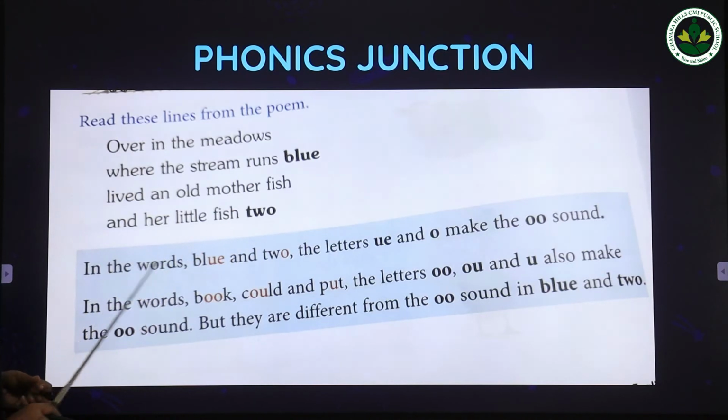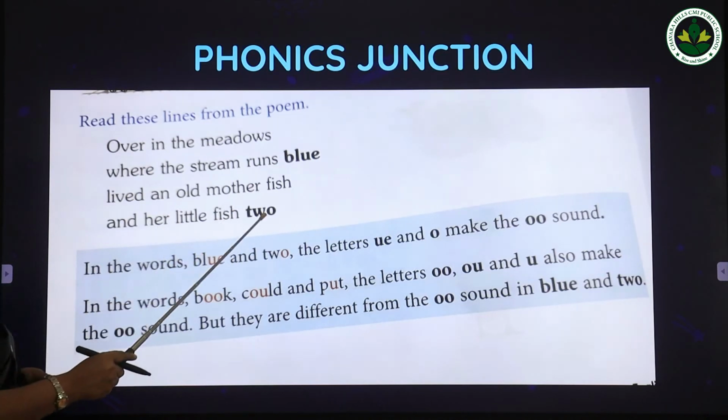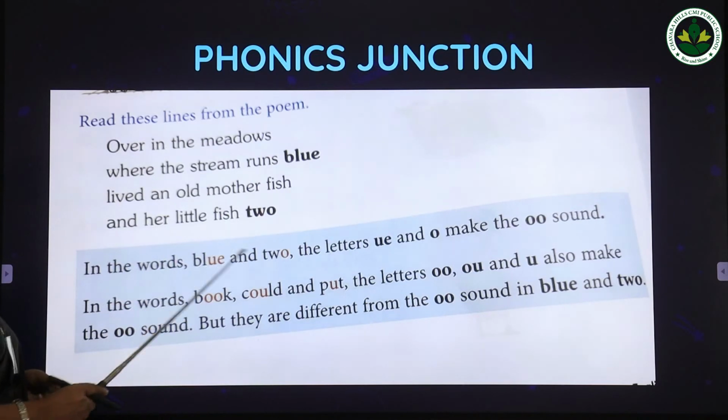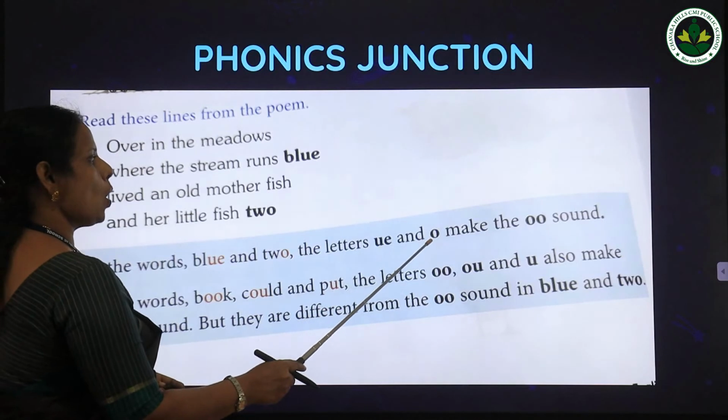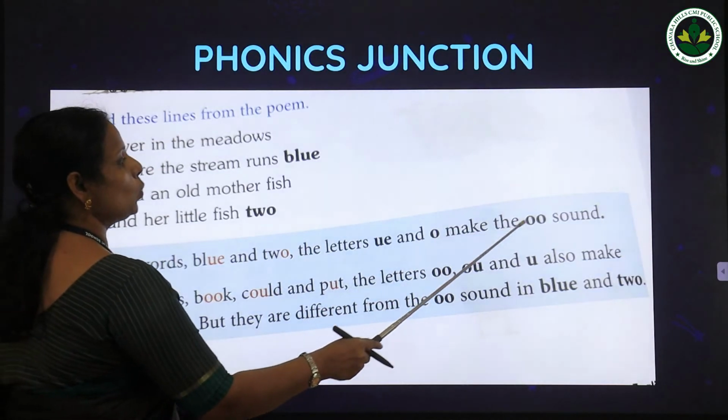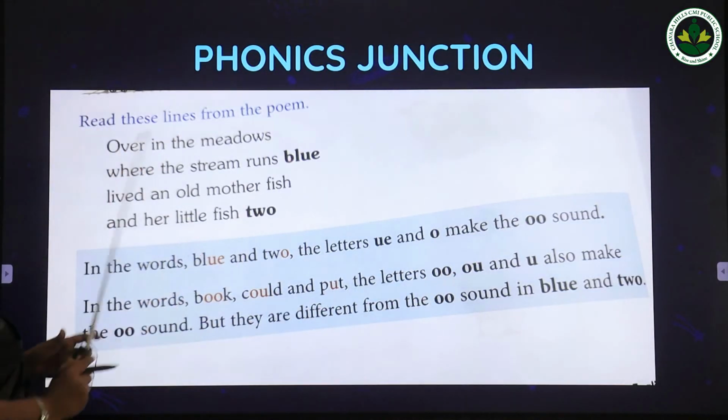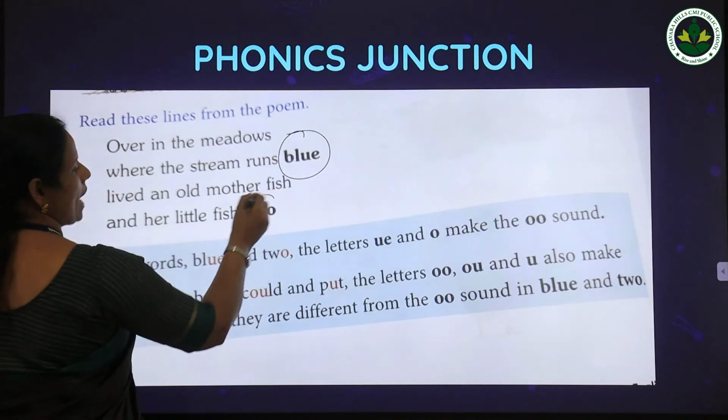See, in the words blue and two, the letters U, E and O make the oo sound. Here you see the words blue and two.